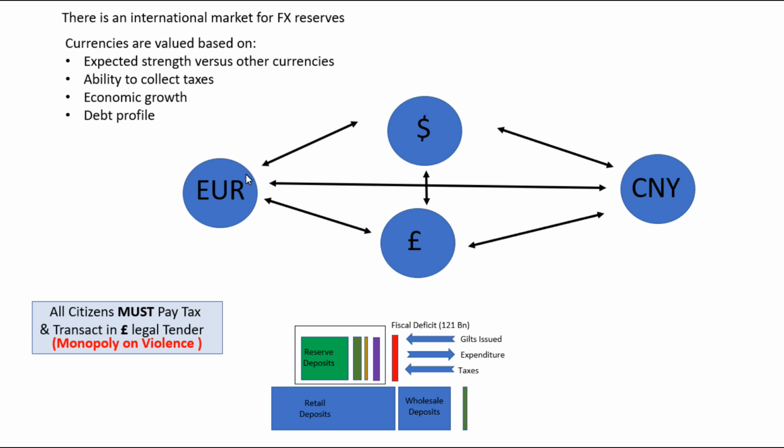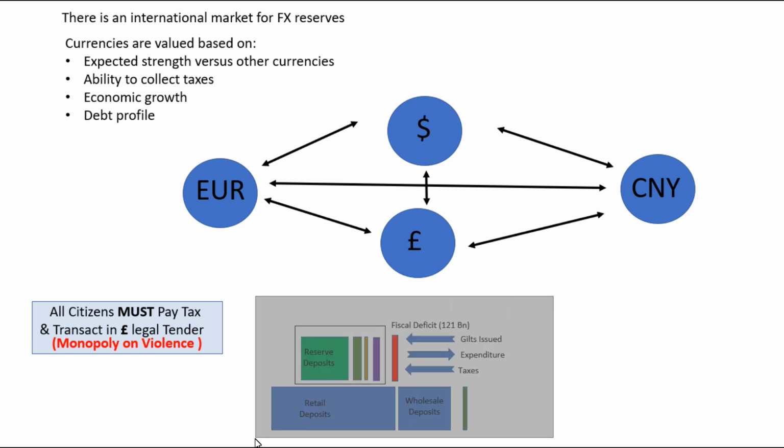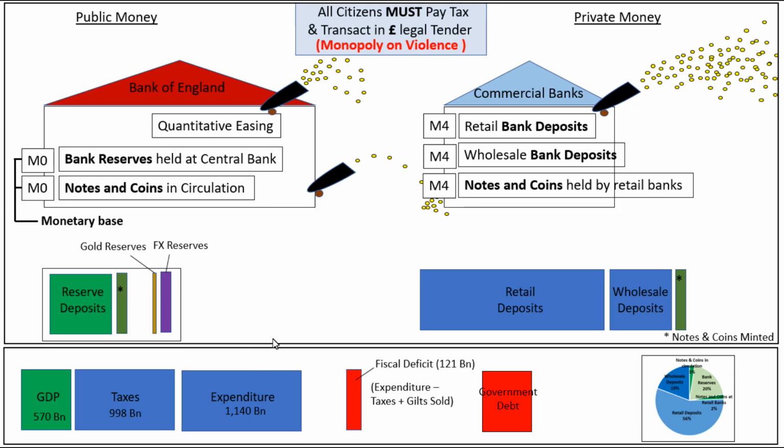And so the value of each country's currency in the modern fiat system is based on the expected strength of each currency versus other currencies. And obviously, coming into that is the assessment of, what is the fiscal deficit, what is the government debt, what's the GDP, and how much taxes do we expect the government to be able to collect in the future.